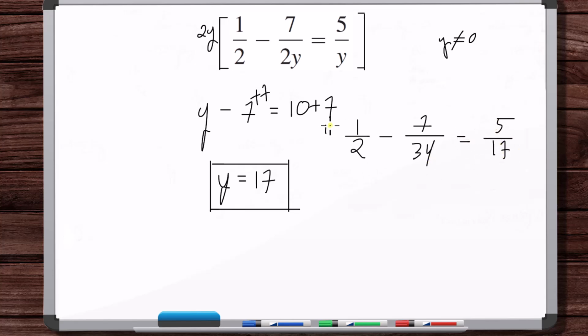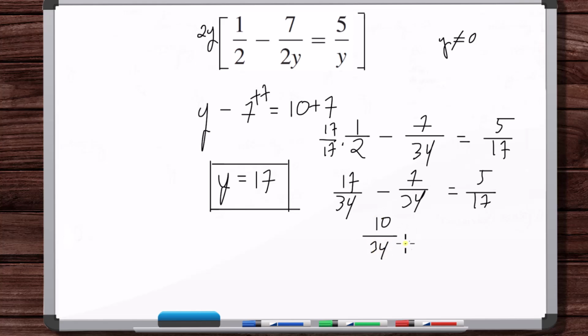Multiply this by 17 over 17. We get 17 over 34 minus 7 over 34. So 10 over 34. And there we go.